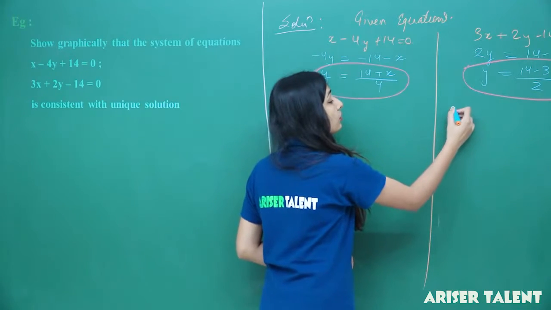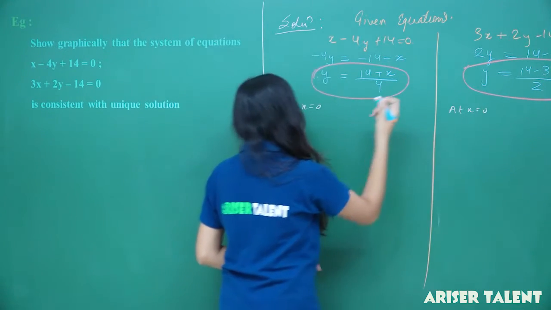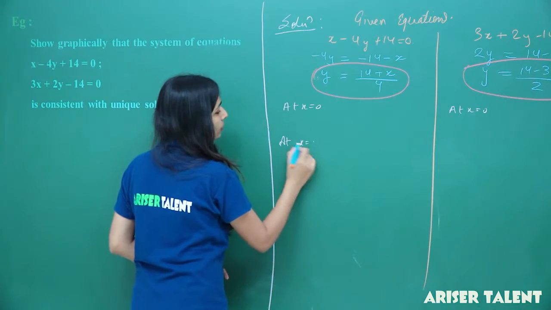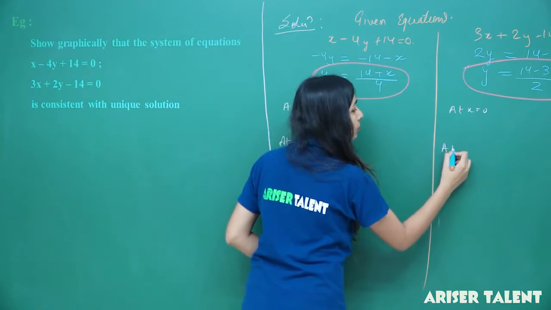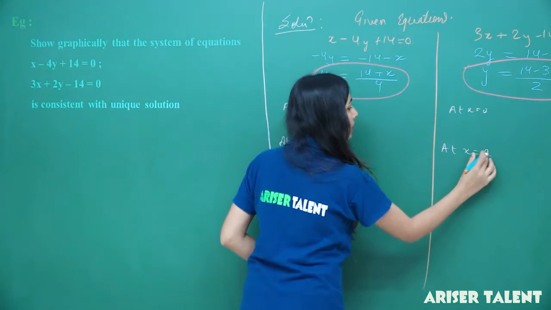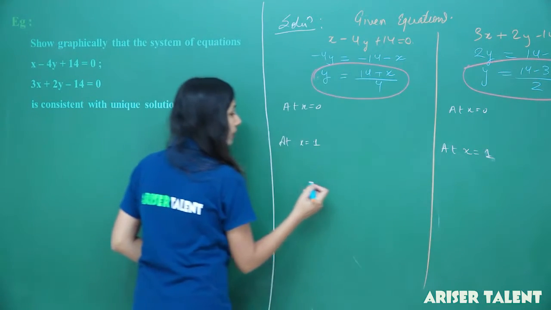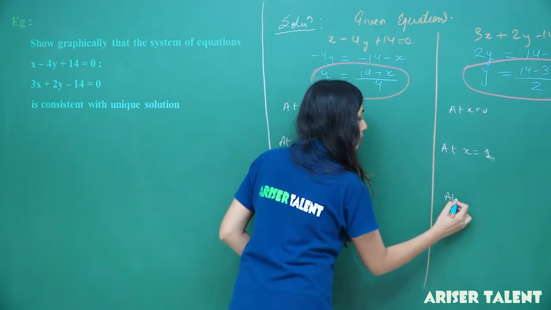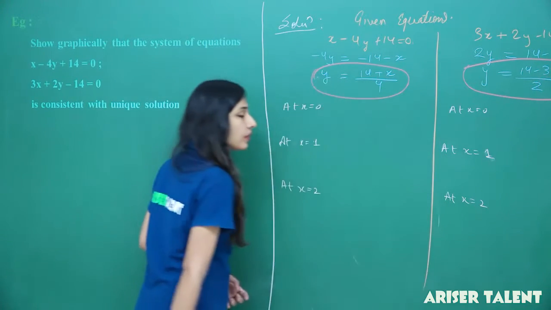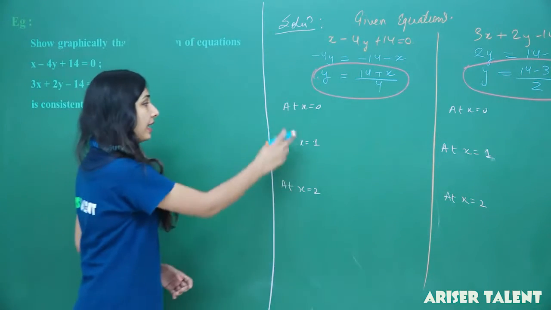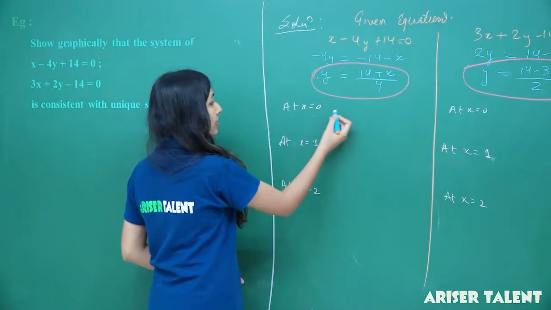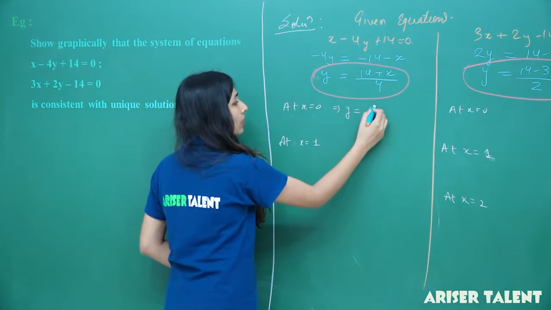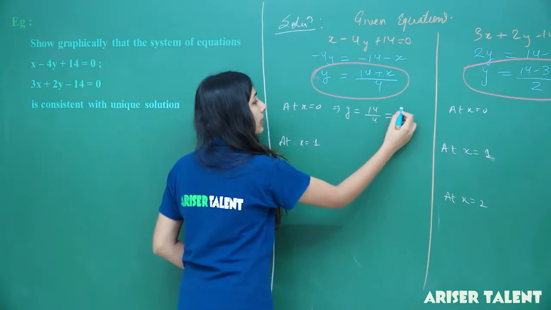So at x equals 0, let's suppose at x equals 2, or at x equals 1, and for this at x equals 2 also, right? So if x equals 0, this y will become 14 by 4, 7 by 2.